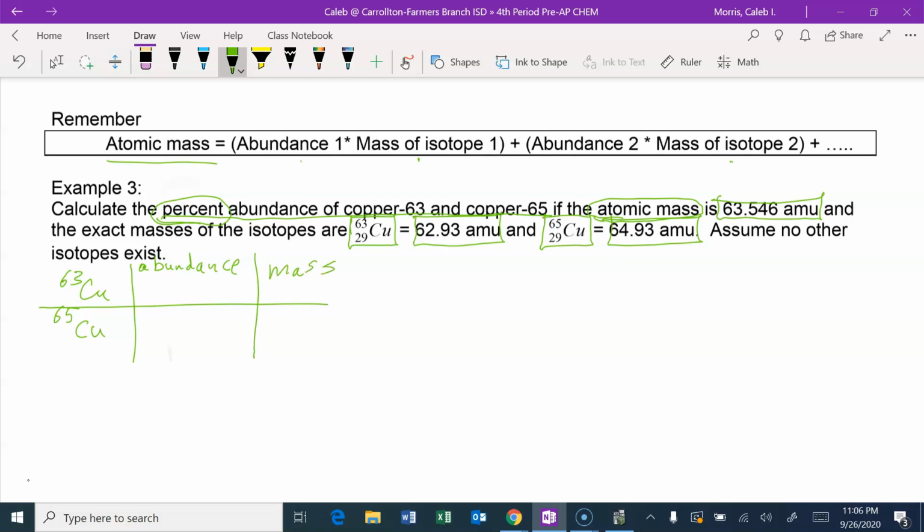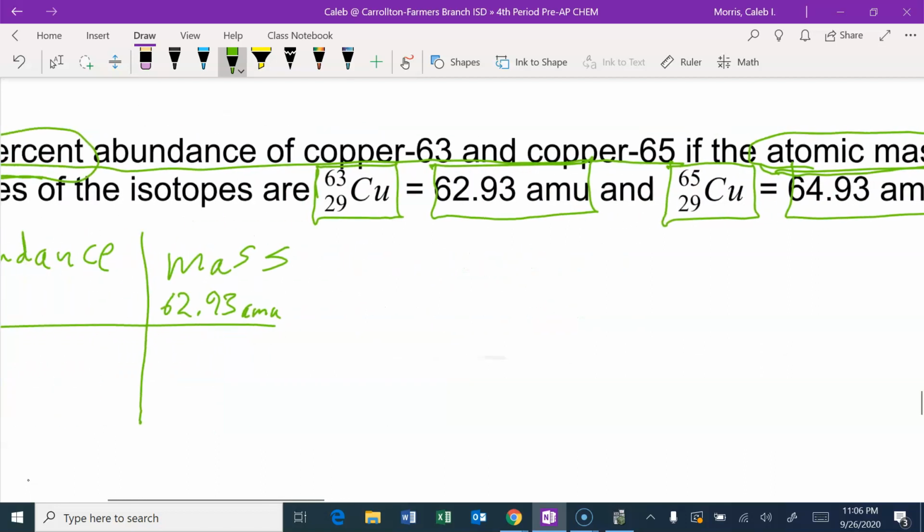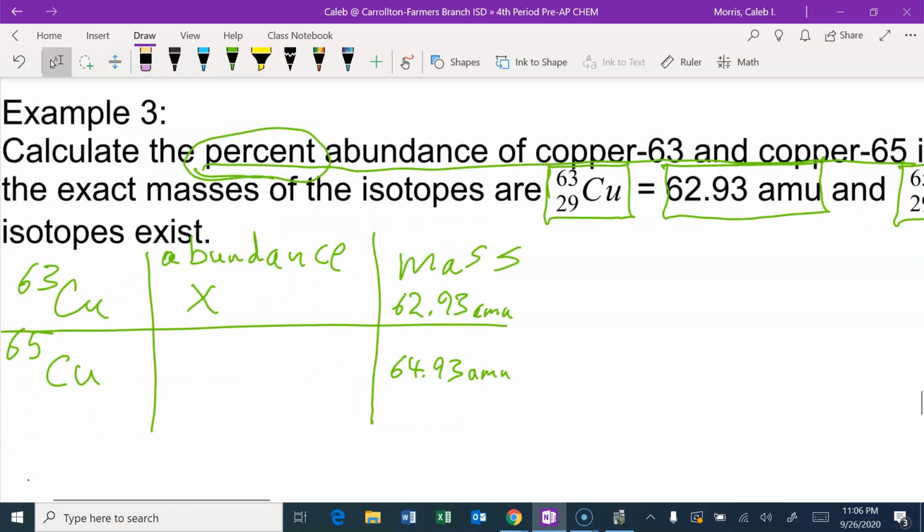So we have the mass of copper 63 as 62.93 AMU. The abundance is unknown, so I'm just going to call that X. Then copper 65 has a mass of, we just said, 64.93 AMU, and our other abundance, we could call it Y.